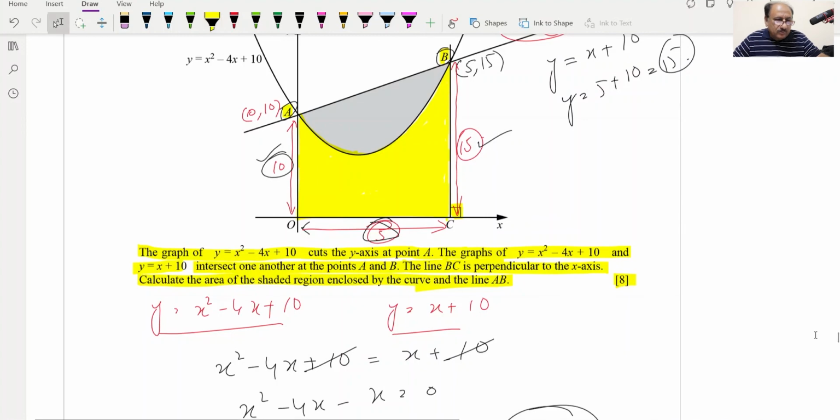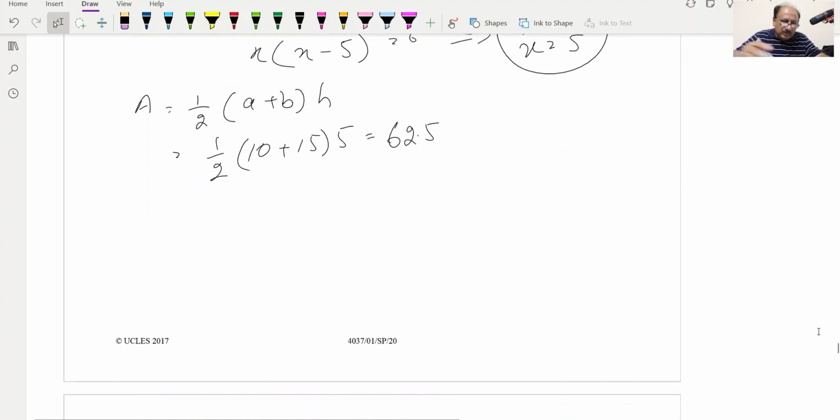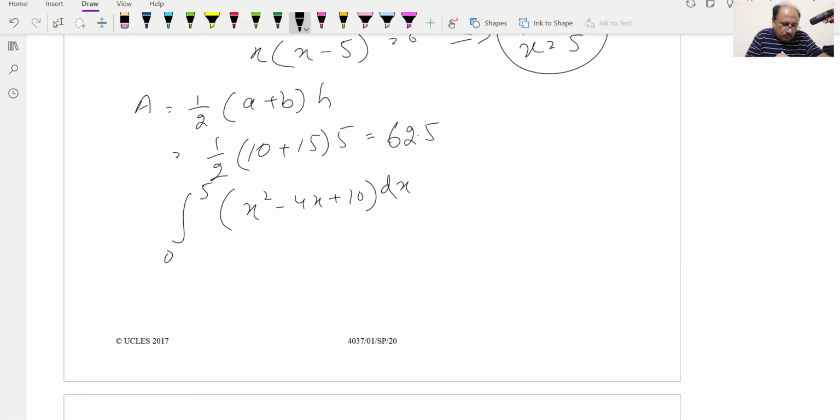Integral will be from 0 to 5, because x value is varying from 0 to 5. Integral of the equation x square minus 4x plus 10 dx, and this will be equal to what? Integral of x square is x cubed by 3 minus 4x square by 2 plus 10x, and limit will be from 0 to 5.